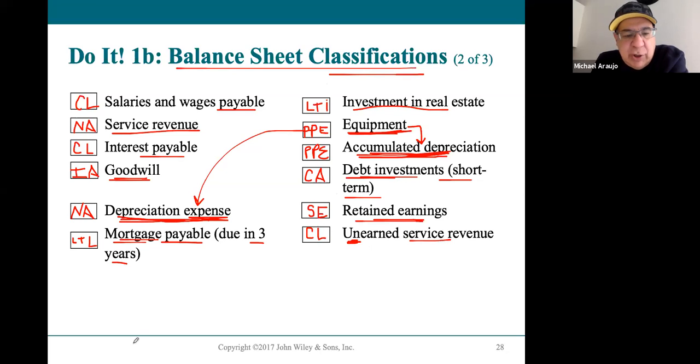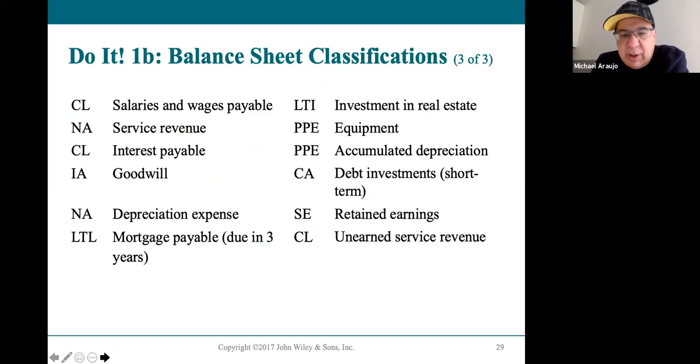If you don't like my chicken scratch, you can simply look in the book because all the answers are provided for you there. But this is good. This is critically important that you understand, and I'll mention it over and over again until it sinks in: in order to understand accounting, you have to understand the accounts. You need to be curious.